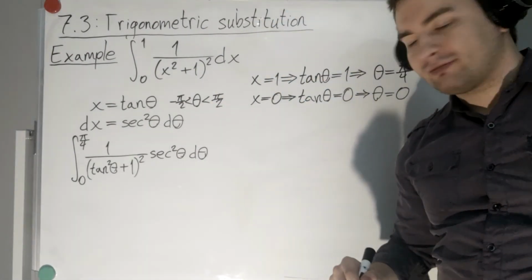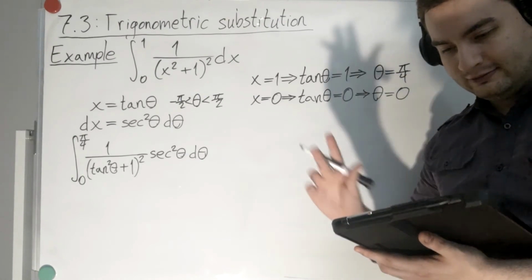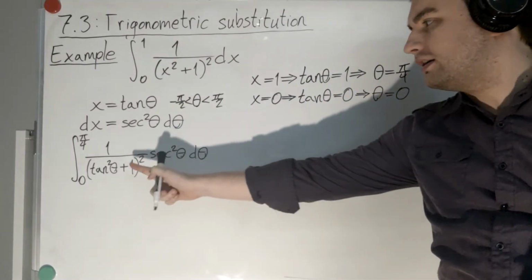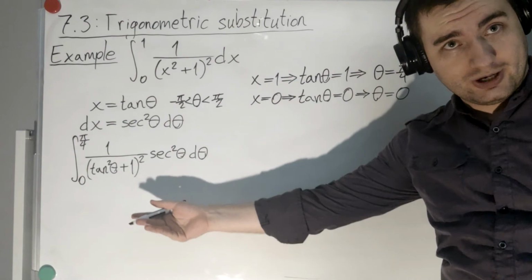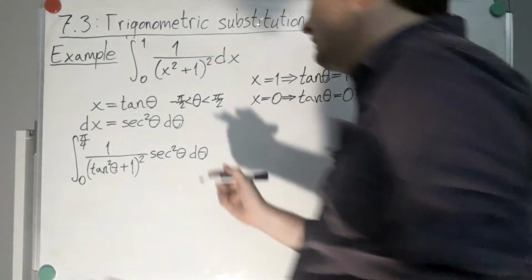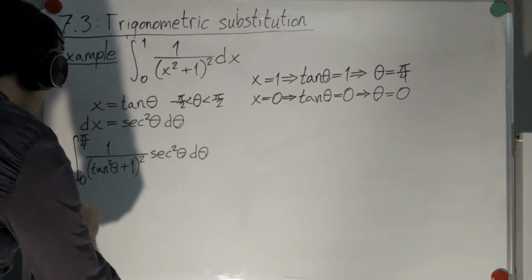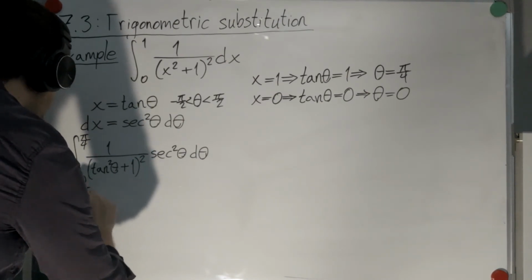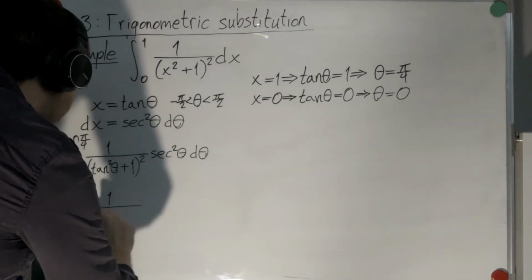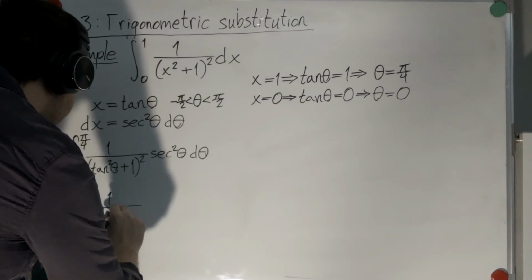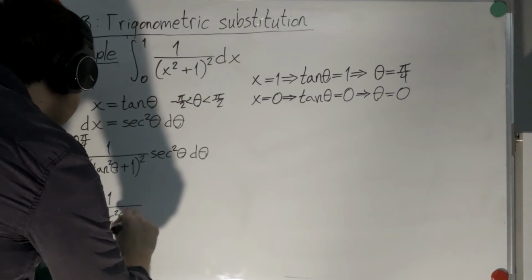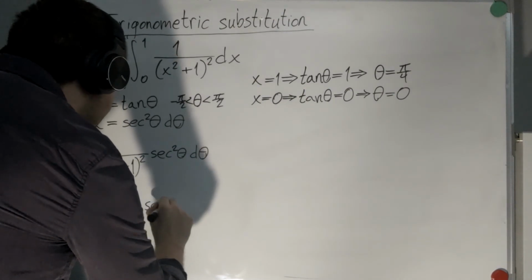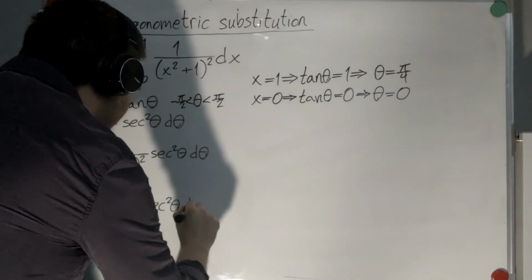Right then, so now, we have secant squared right here. Tangent squared plus 1 is secant squared. So this becomes the integral from 0 to pi over 4 of 1 over secant squared theta, squared, times secant squared theta d theta.